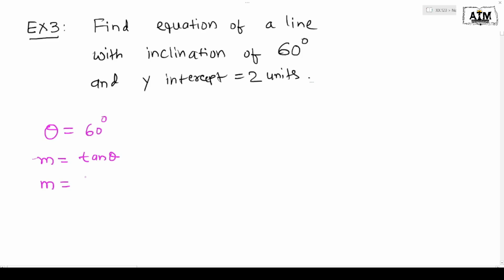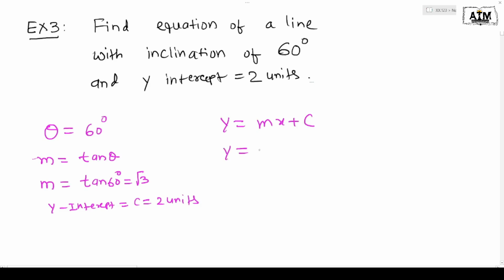Therefore, the slope is tan 60 degrees, which equals root 3, and the y-intercept c equals 2 units. Now the formula is y equals mx plus c. So y equals root 3 x plus 2 is the required equation of the straight line.